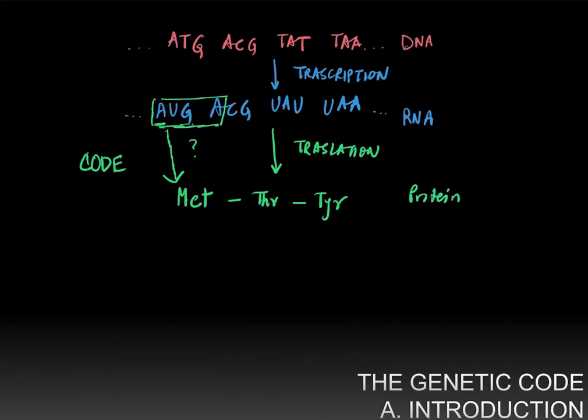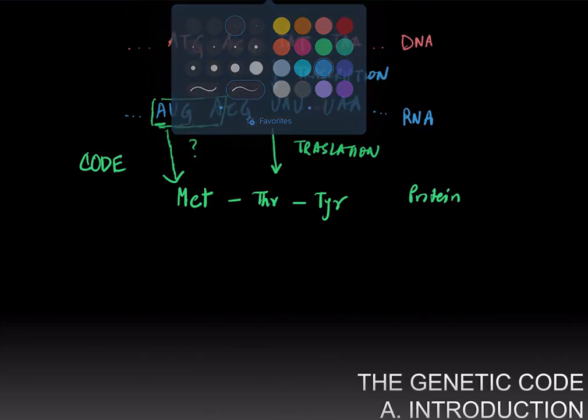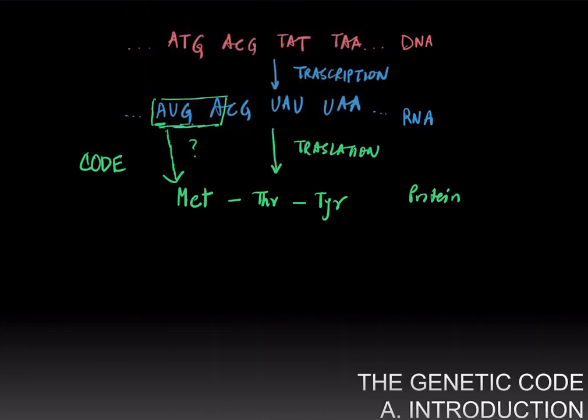And the first question one could ask is: is this an overlapping code or a non-overlapping code? In an overlapping code, one would use overlapping sets of letters to specify proteins. For example, if we had the transcript as written above, AUG, ACG, UAU, UAA, then the first amino acid would be read as AUG.